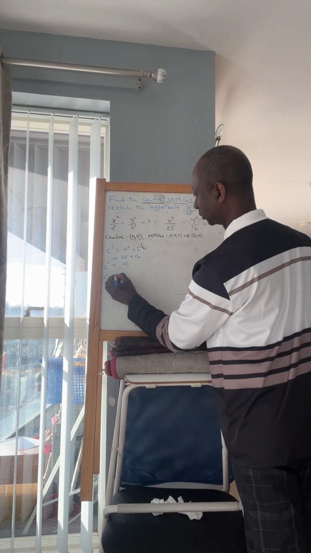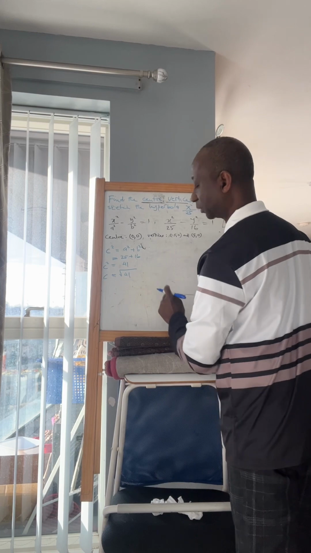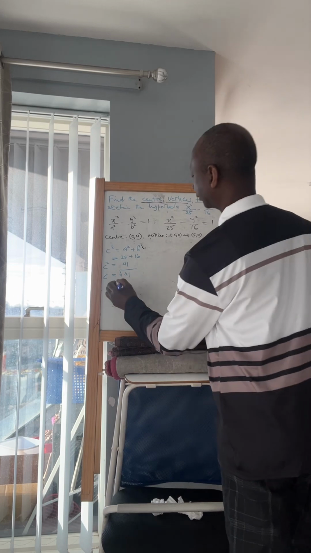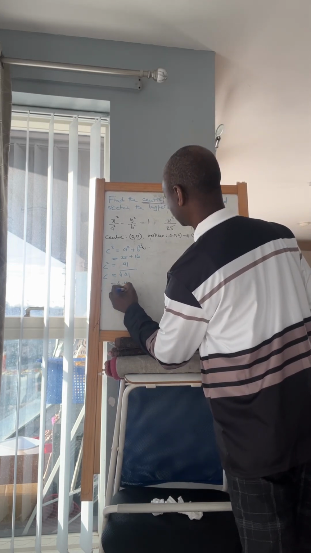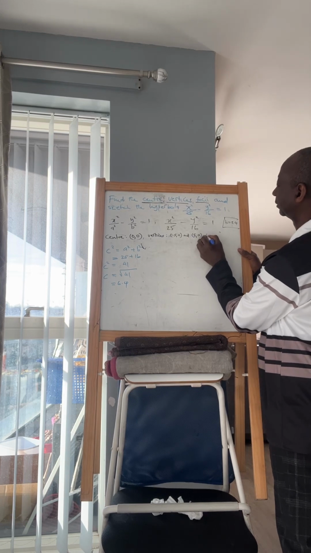You want c, so c is the square root of 41. Let me use my calculator. This is about 6.4.